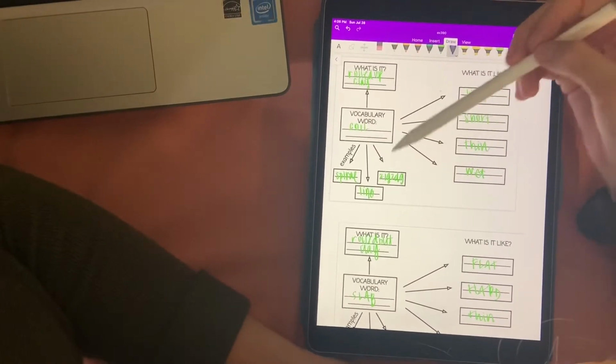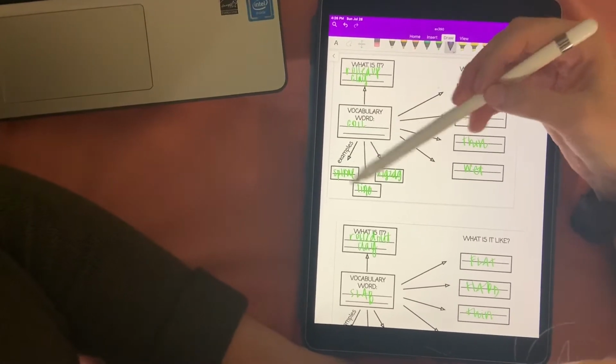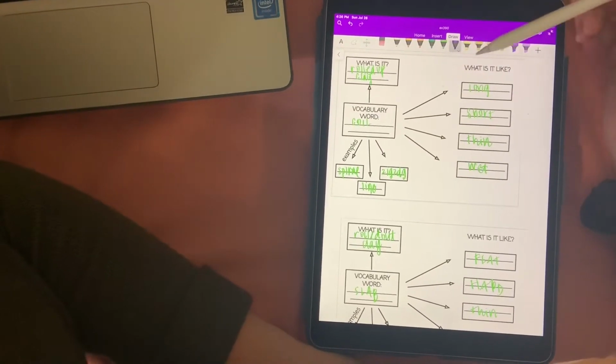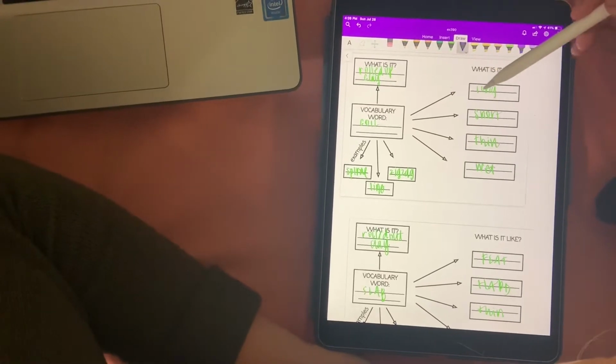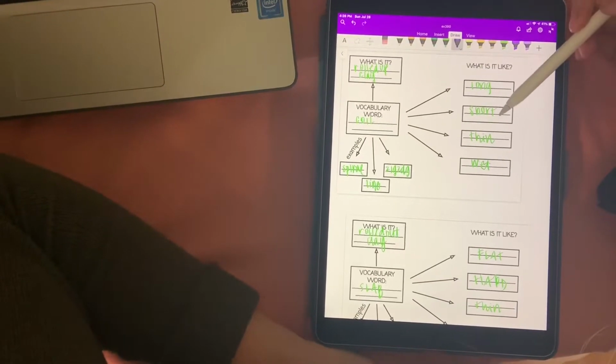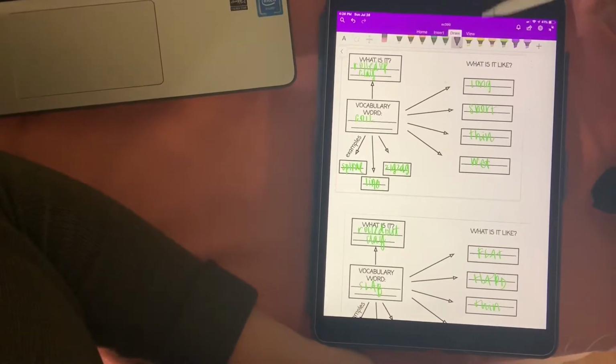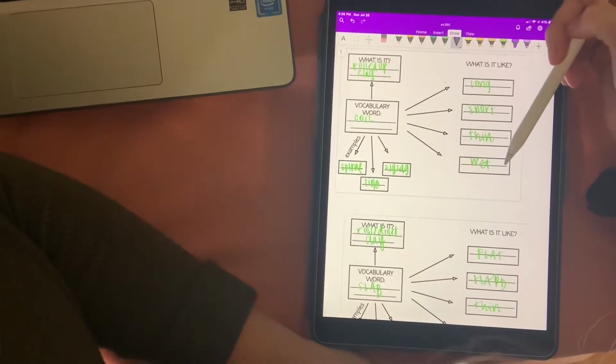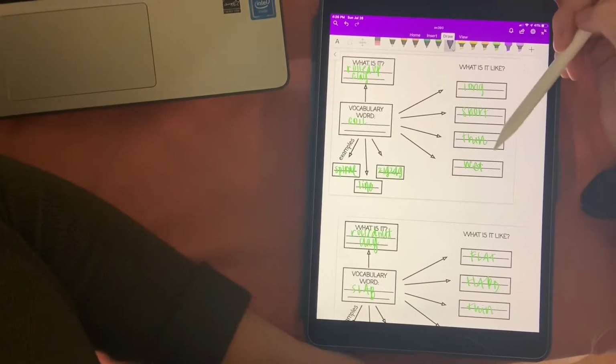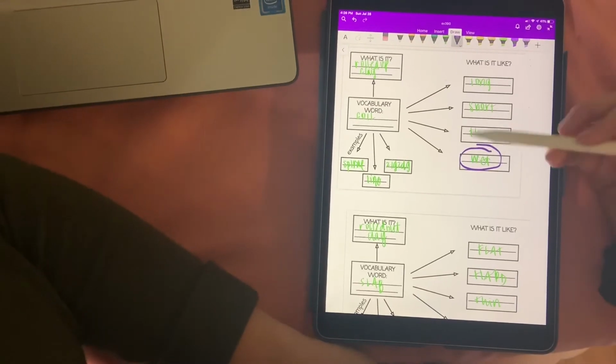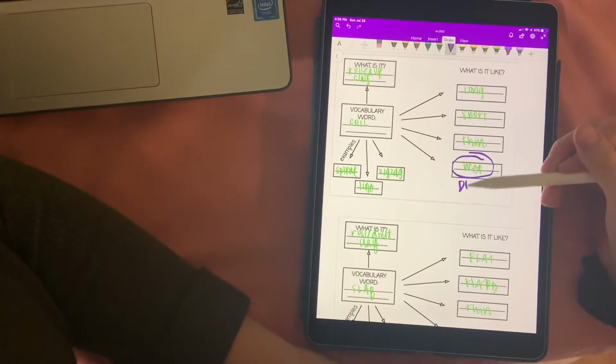There are more different ways that they can use coils, but they have some great examples there. They have said that coils can be long, coils are short, they are thin, and they put that coils are wet. I would mark here, and I would say that coils do not have to be wet.